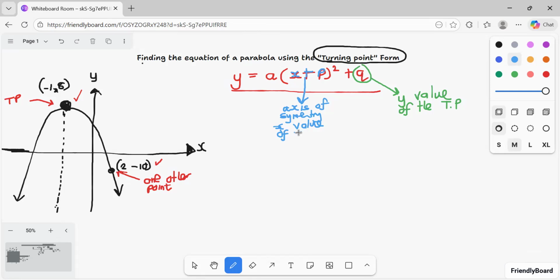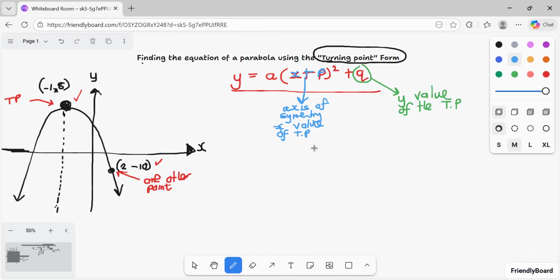So I'm just going to write TP right here. Okay, so we now know what x plus p gives us and what q gives us.